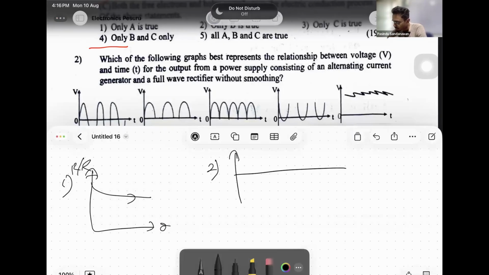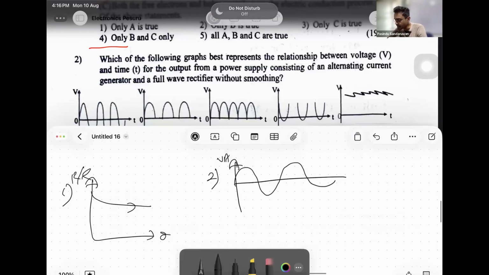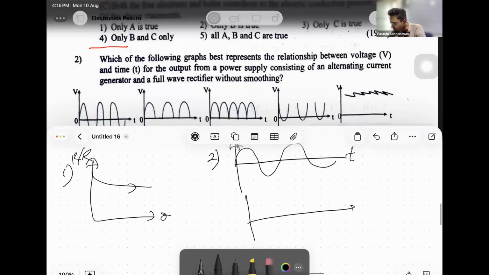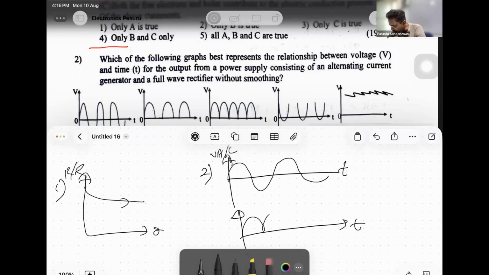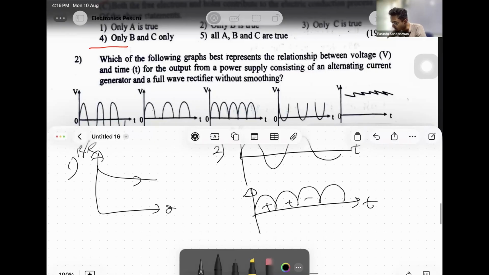For a rectifier circuit, the input wave is something like this, because that's an alternating current. Then V AC is something like this. In a full wave rectifier, V out is all these rectified to a single direction, single polarity.